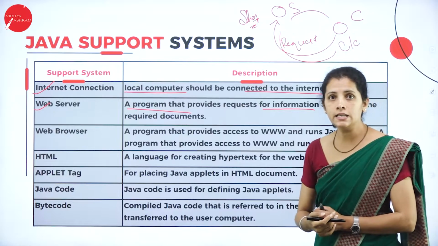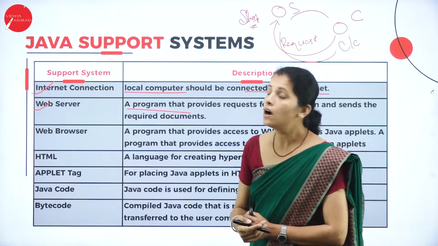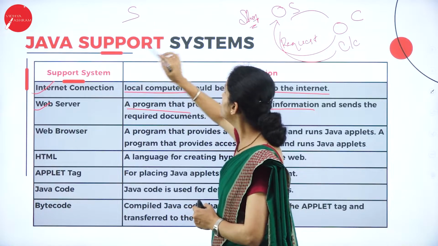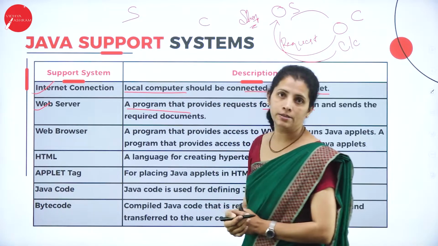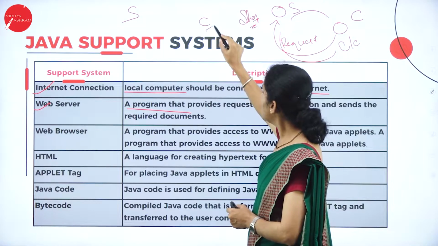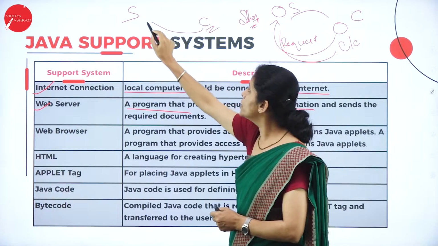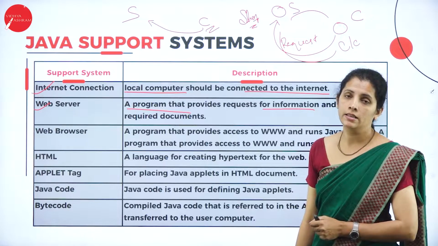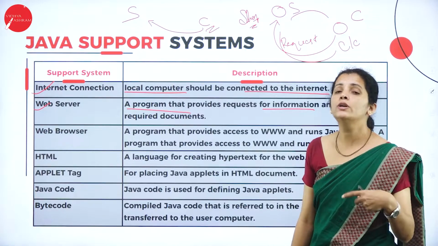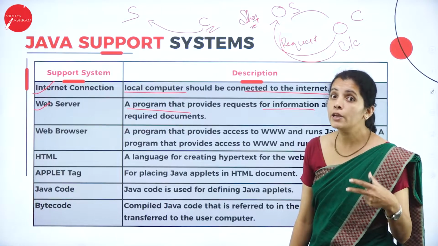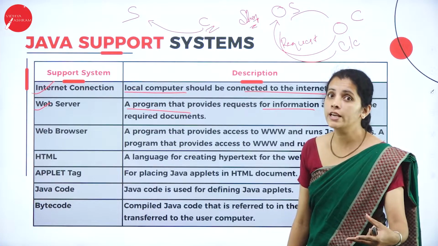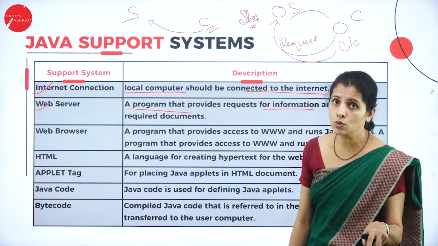So it is a general example. And if I consider the client server architecture, I have a server and I have a client. This client is always going to send the request to the server. That means the client sends the request to the server saying that he or she requires some resource.